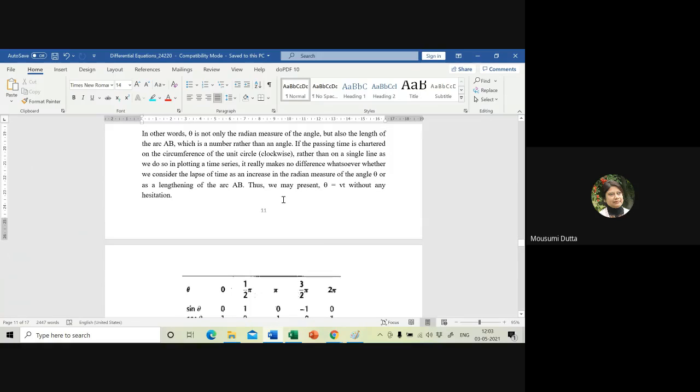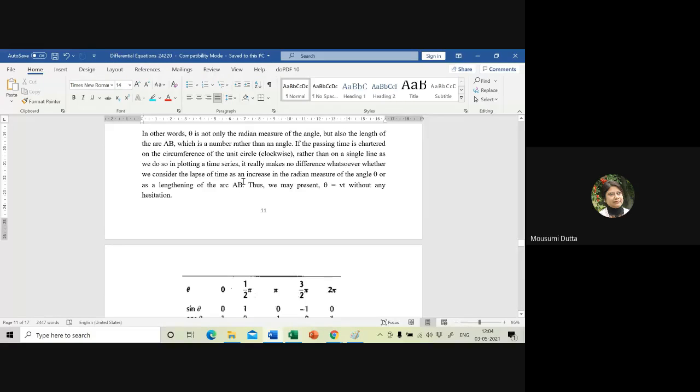So if we look at the last line, passing time can be presented on the circumference of the unit circle clockwise rather than on a single line. If it is a single line, in that case, it will just increase in this way.